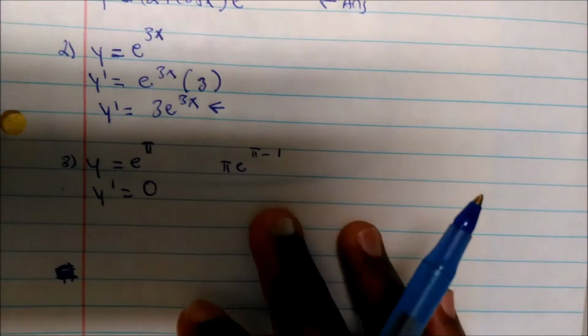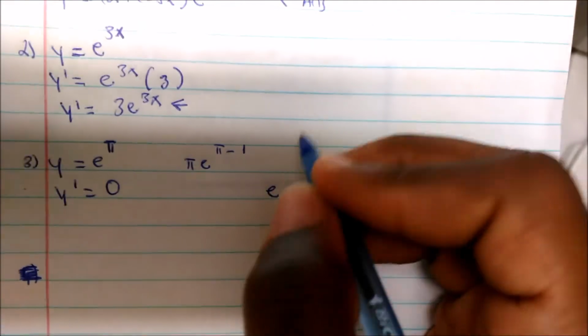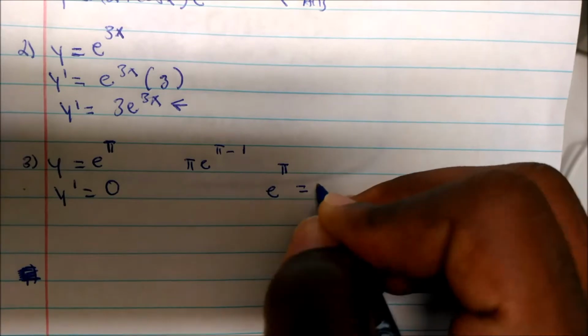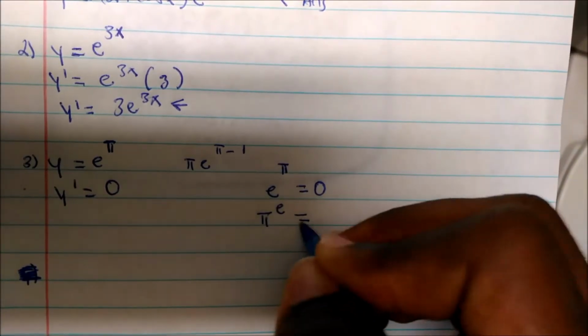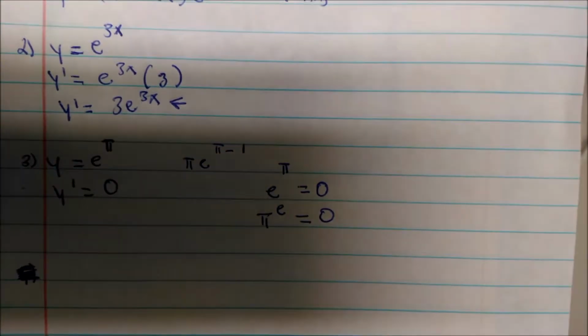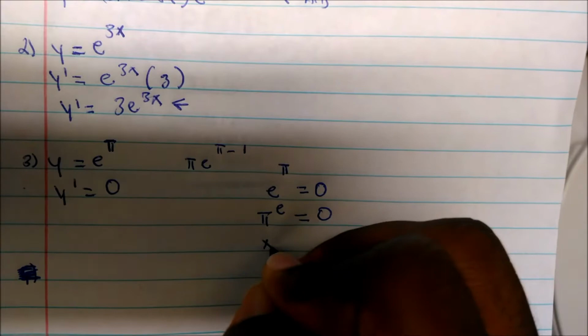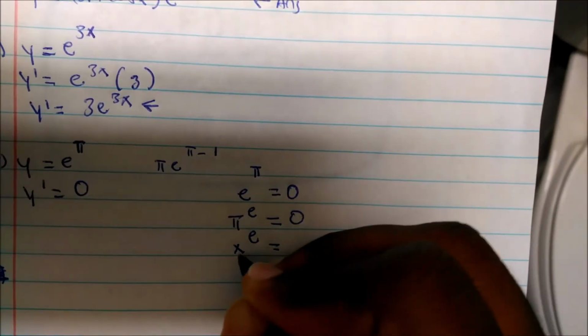A couple of things I want to point out because it's a little bit tricky. e raised to some number, e raised to pi, the derivative of that is 0. Pi raised to e, the derivative of that is also 0. x raised to the e, that's a different story because x is a variable.